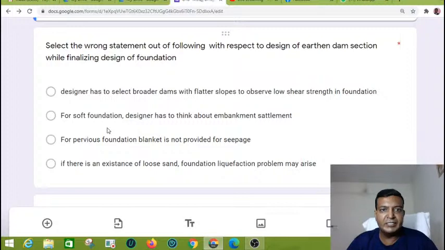For soft foundation, designer has to think about embankment settlement. For pervious foundation, blanket is not provided for seepage, and if there is an existence of loose sand, foundation liquefaction problem may arise. Here there is no option of all.